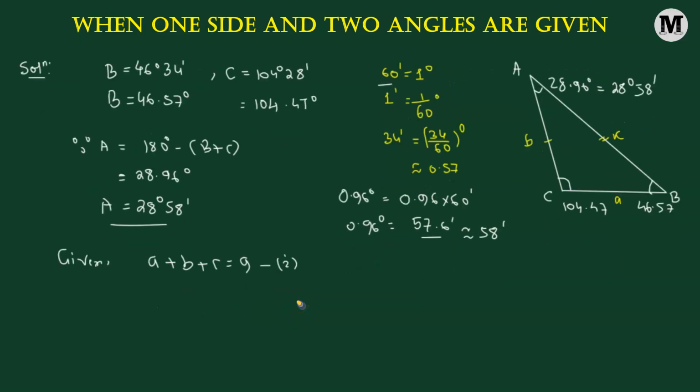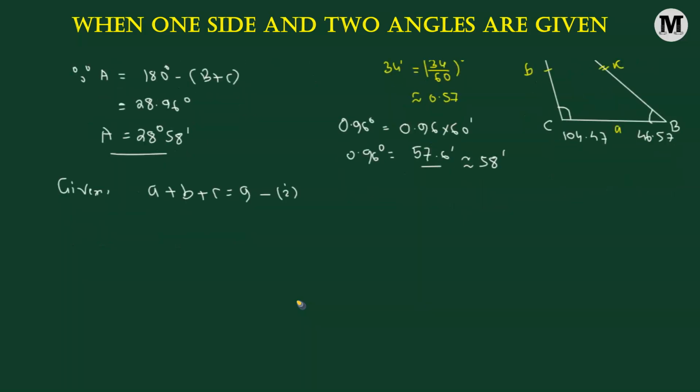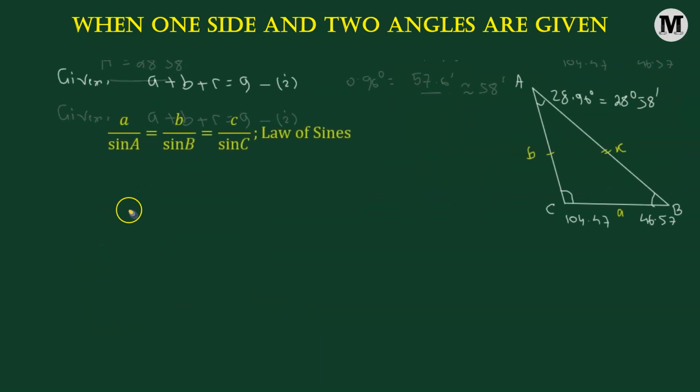Now here we're going to take the help of the law of sines. The law of sines states that the ratio of the side a to the sine of the angle opposite to the side a, that's angle A, is equal to the ratio of side b to the sine of angle B, equal to the side c divided by the sine of angle C. So we're going to equate this ratio to a constant, let's call it lambda.